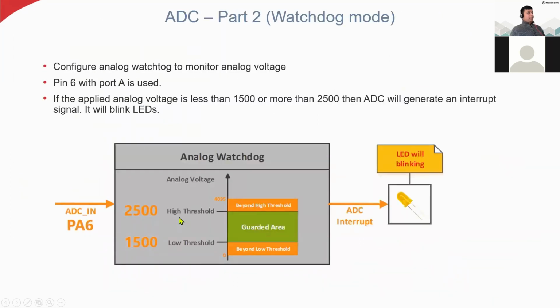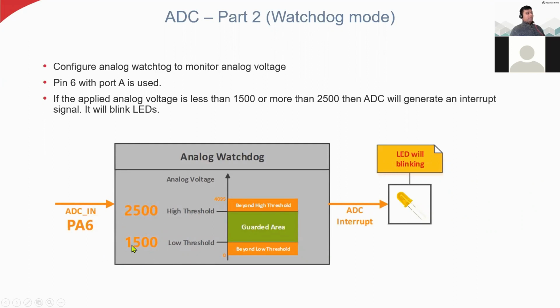Here you can see, you can configure the analog watchdog to monitor analog voltage. For example, pin number 6 in port A is used for ADC in, so you are receiving the ADC signal. The threshold values I set up here are a low threshold of 1500 and a high threshold of 2500. I will show you how to set this up.